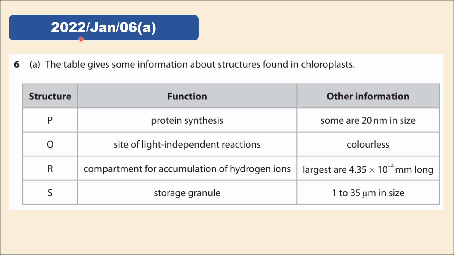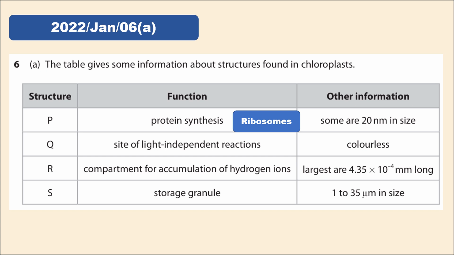The next question, also from the January 2022 paper, provides a table with information about various structures in the chloroplast and asks us to identify them based on their functions and the given additional information. Structure P, this structure is associated with protein synthesis and we know it's ribosomes.